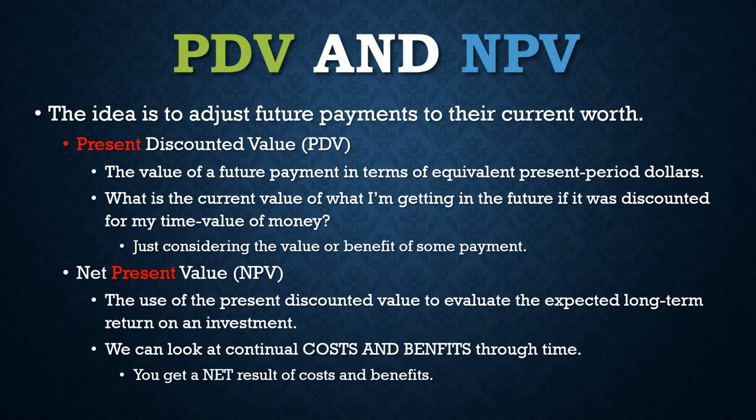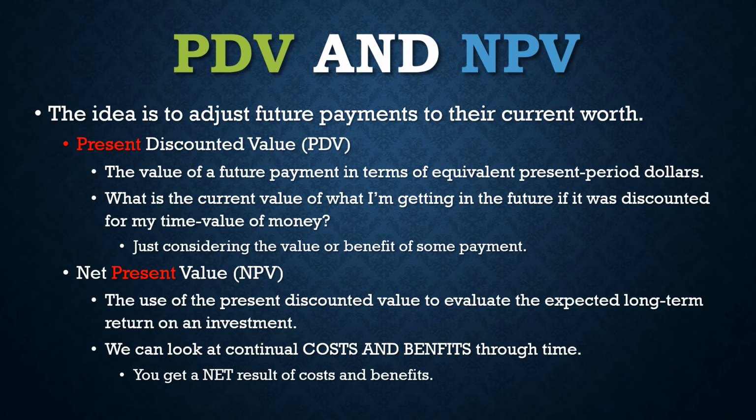Net present values do exactly the same thing, but our outcome is netted. It takes into consideration both benefits and costs. And thus, we can compare our result to an answer of 0. If the net present value is greater than 0, then the benefits on into the future are greater than the costs on into the future.